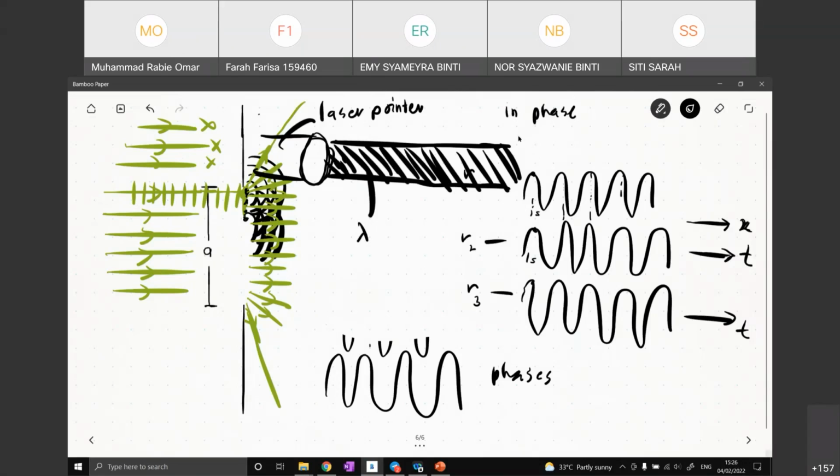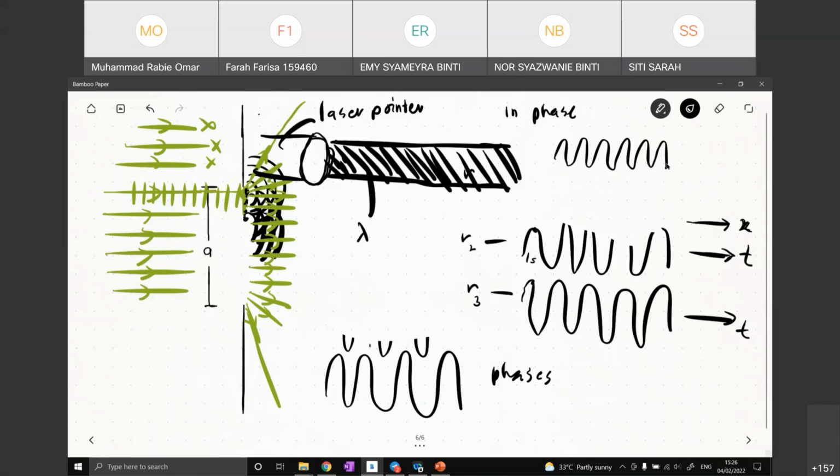Meaning to say, if I extract one light ray, then you will expect to see something like this. Sorry, not to see, to imagine. You can imagine that the waves are coherent.